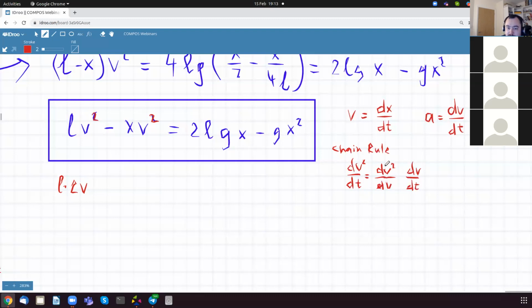So this is going to be 2v dv dt. Does everybody understand? So it's 2v times the derivative dv dt, because I'm differentiating with respect to t. Is anyone confused? This is the chain rule.